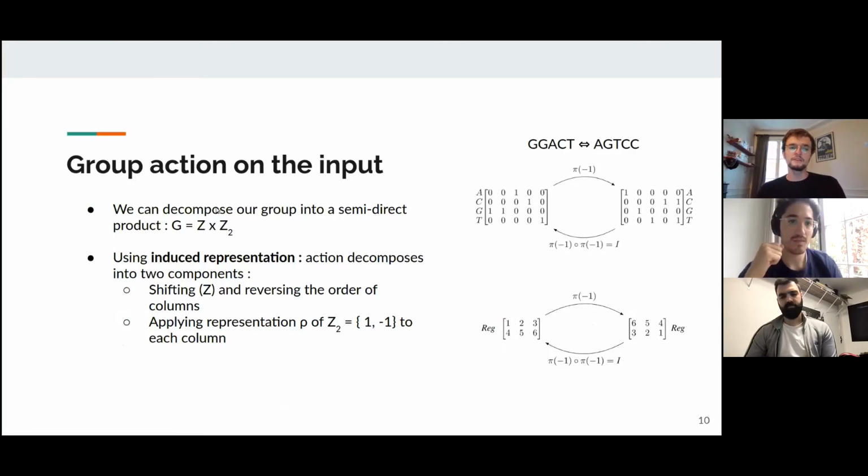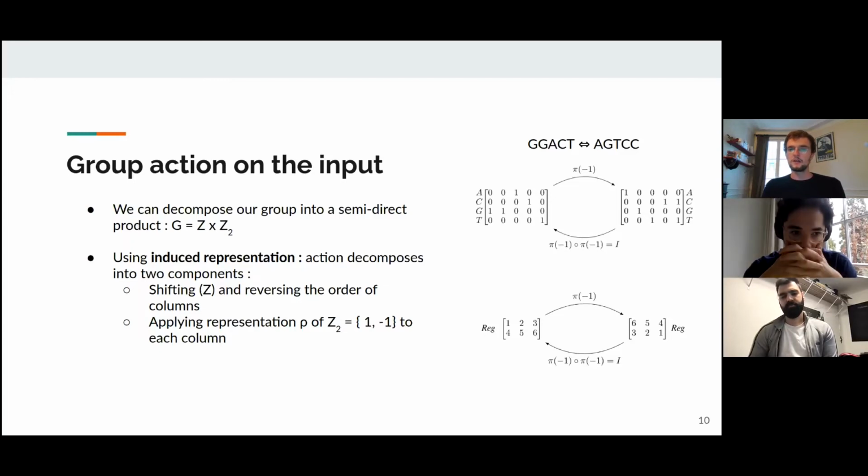It means that our group elements are going to be compositions of shifts and flipping, and that any element of the group can be decomposed as first choosing whether or not we flip, and then choosing whether or not we shift. And it's a super intuitive result. If you were to try and generate all possible perturbations of your input, you could just either shift it or flip it. So that's what a semi-direct product group intuitively is.